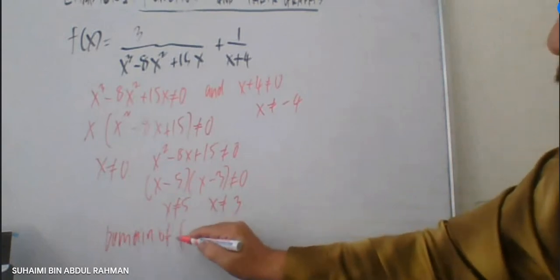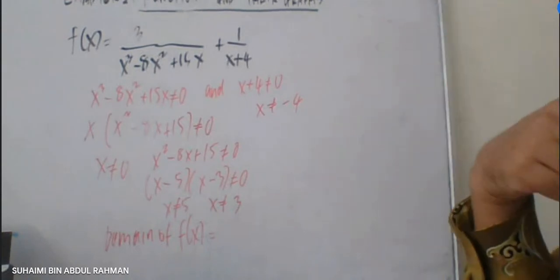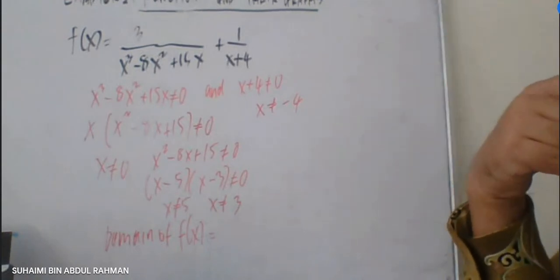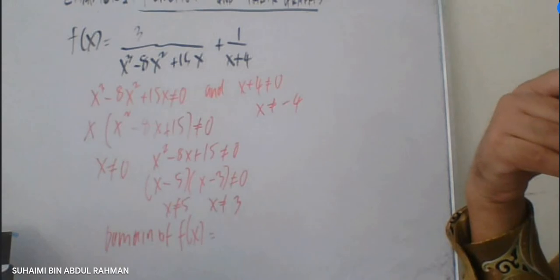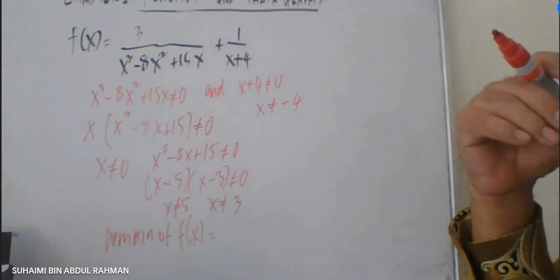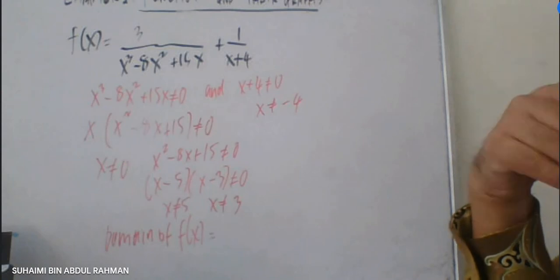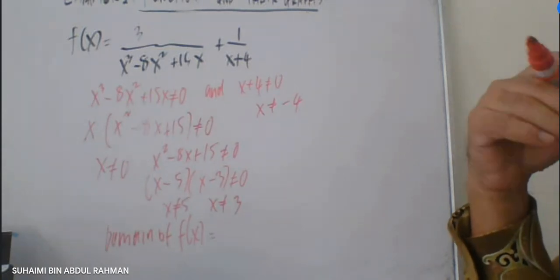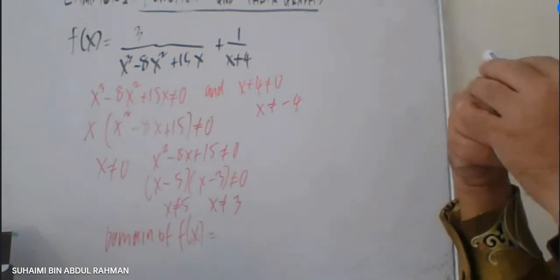So the domain of f(x), which we write in terms of interval notation, is going to be what? How to write in interval notation?